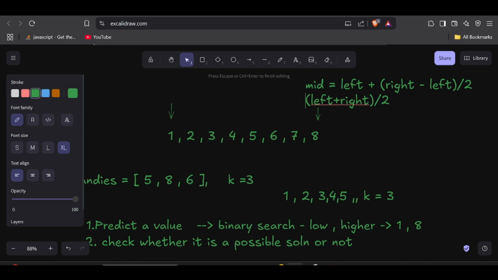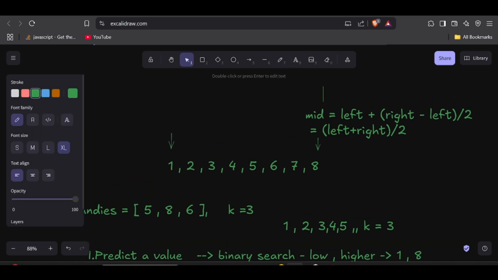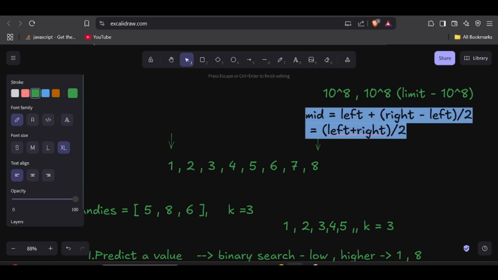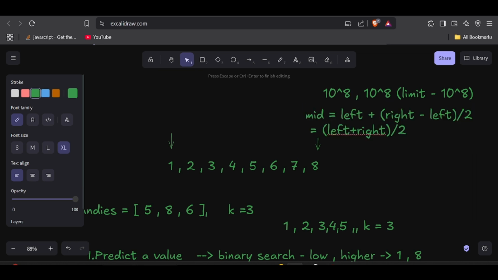But this approach has an issue, because whenever the left has a value, for example, 10 raised to power 8, and right also has value 10 raised to power 8, and the limit of my integer is around that, what will happen in that moment?